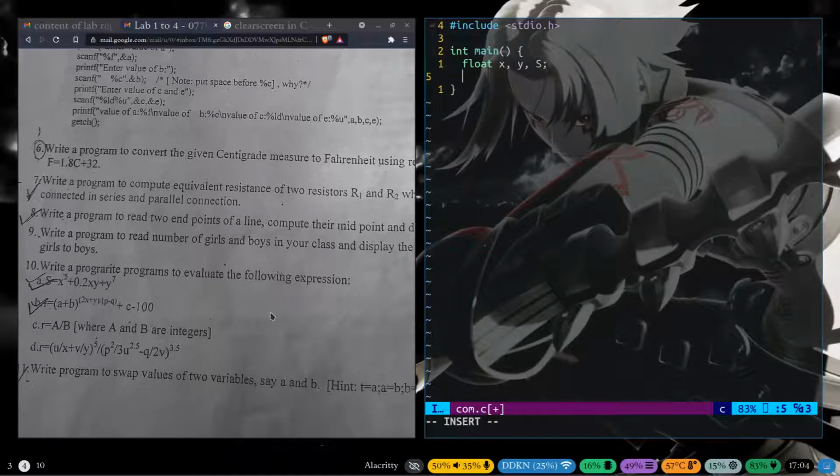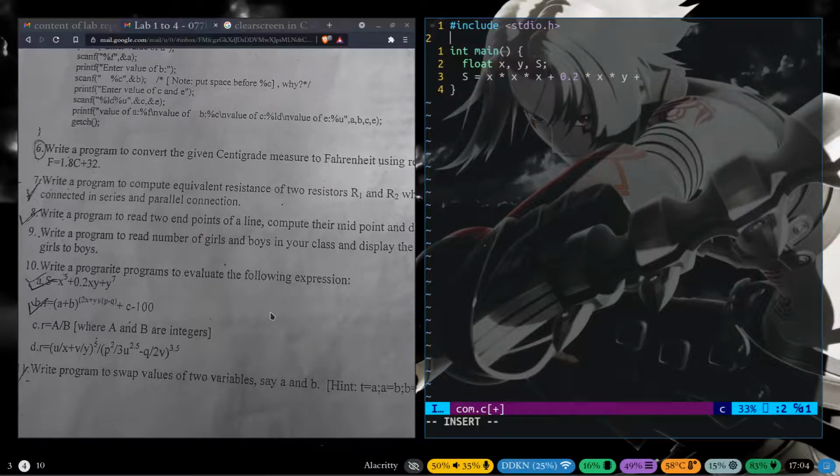Float x, y, s, and s is equal to x times x times x plus 0.2 times x times y plus y to the power 7.